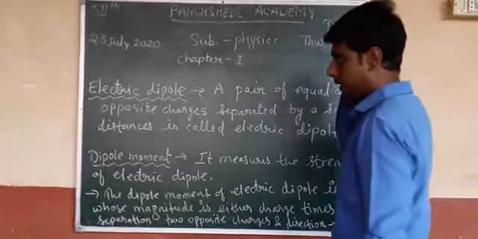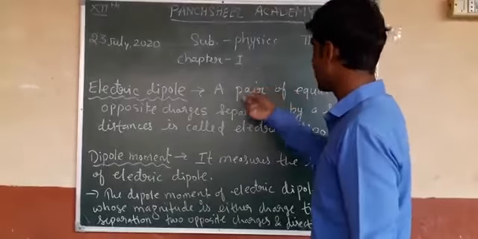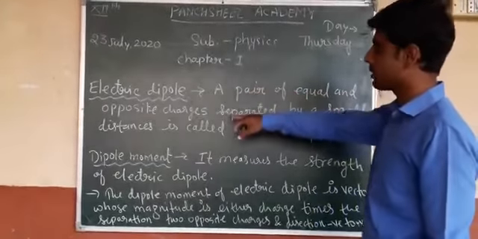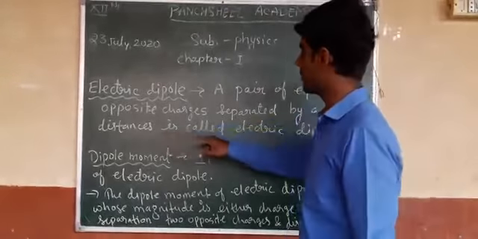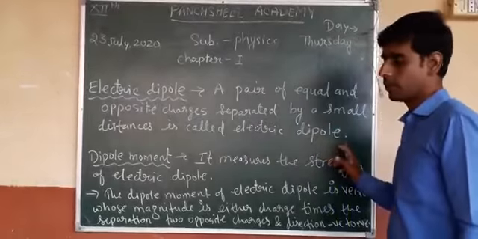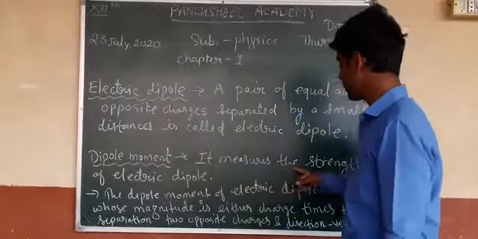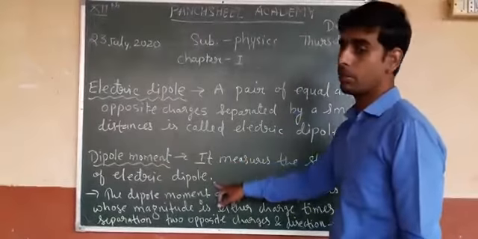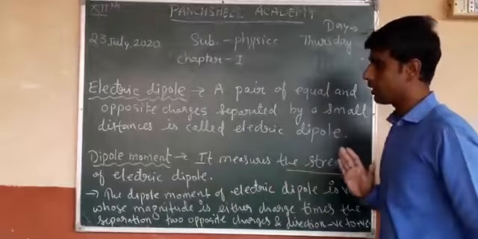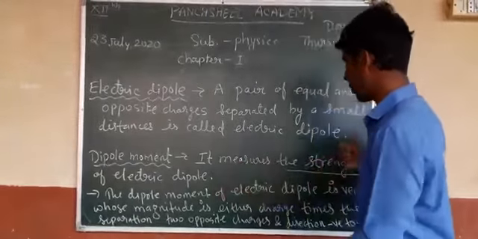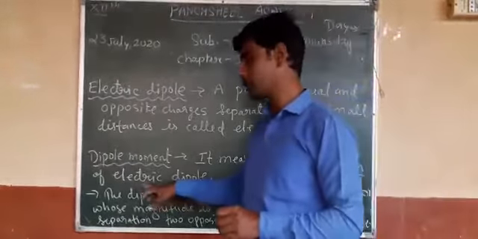Our next topic is electric dipole. So what is the definition of electric dipole? A pair of equal and opposite charges separated by a small distance is called an electric dipole. And what is dipole moment? It measures the strength of the electric dipole, how strong or weak it is.